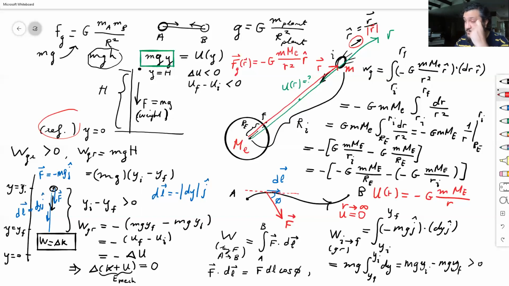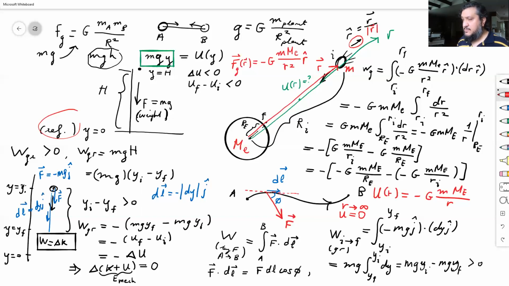That's our reference point, okay? So you bring an object from infinity all the way to r. The work done by gravity would be the expressions we found, okay? So that's the new expression.